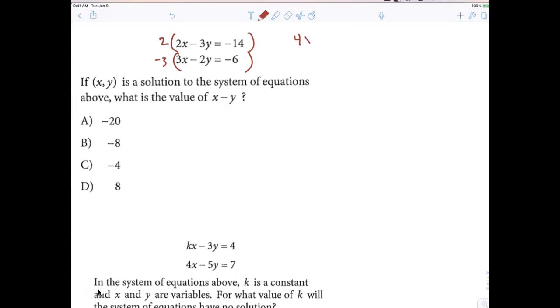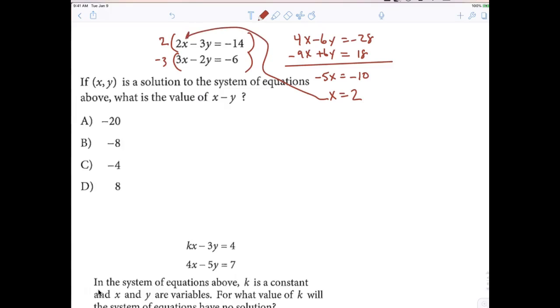So this would be 4x minus 6y equals negative 28. And then negative 9x plus 6y equals 18. So we agree that would be negative 5x equals negative 10. So x is equal to 2. Agreed? Now I need the y value. So I'm going to plug 2 in up here.